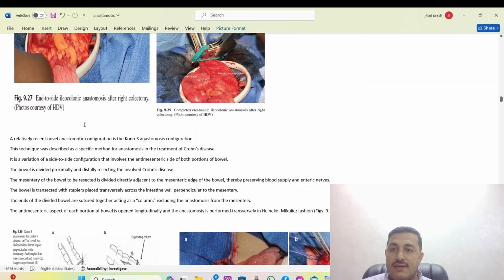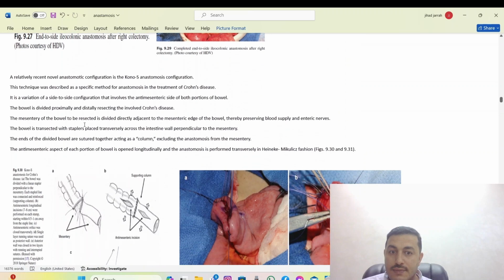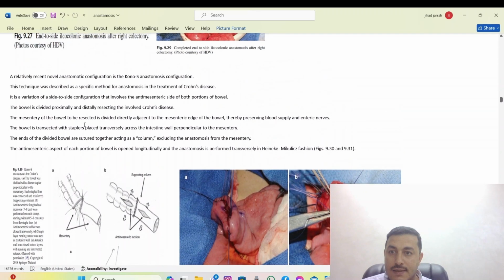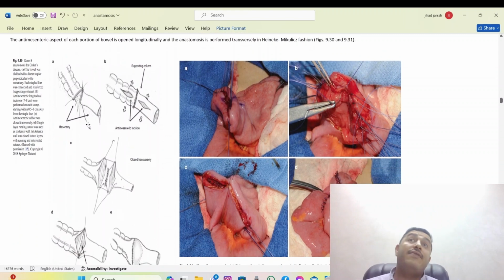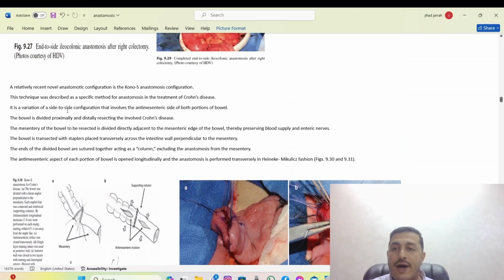Okay, another way that is used, and it's proven that it is associated with lower recurrence, especially in Crohn's disease, and actually it was invented for patients who are suffering from Crohn's disease, is what we call the Kono-S type.